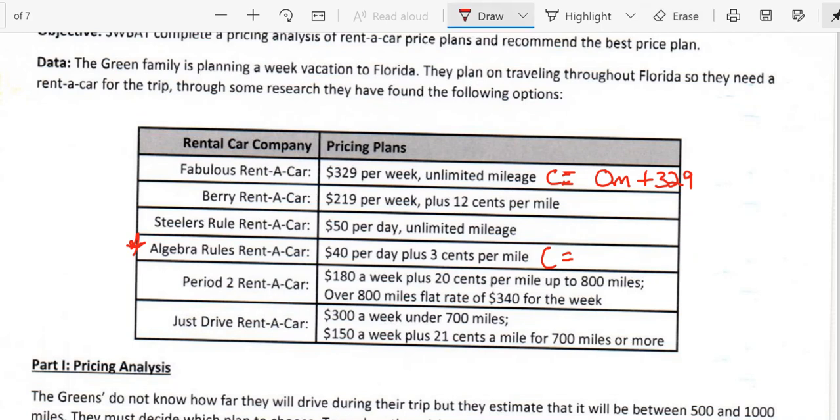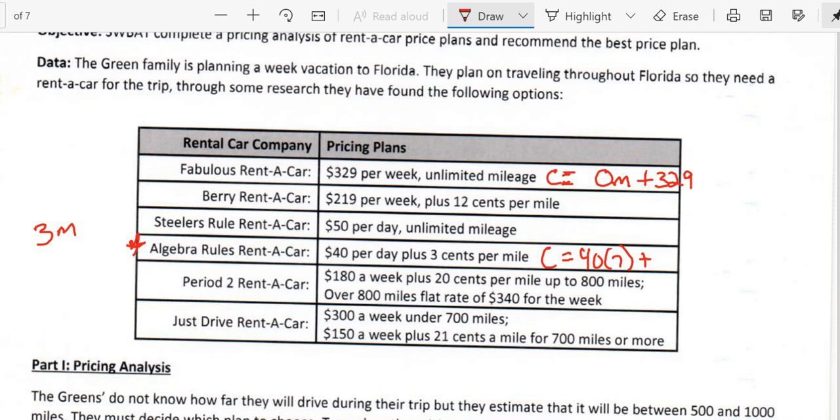Since they need the car for 7 days, we're going to have to do 40 times 7 plus the mileage. This is going to be another issue. It says plus 3 cents per mile. Now, a common mistake with students is that they'll put 3M. If you put 3M, that's $3 a mile.